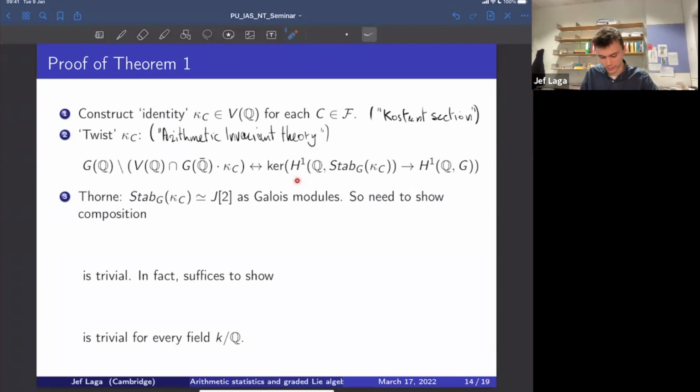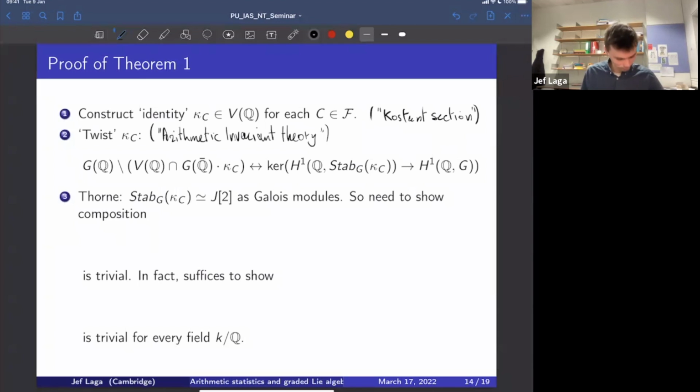So these are Galois cohomology, but G is highly non-abelian, so this is going to be just a pointed set. And so this kernel, where this is a stabilizer of the action, and the map is induced by the inclusion. And in fact, this bijection is very explicit. If you have an orbit here that's G(Q bar) conjugate, you can just construct a cocycle very easily.